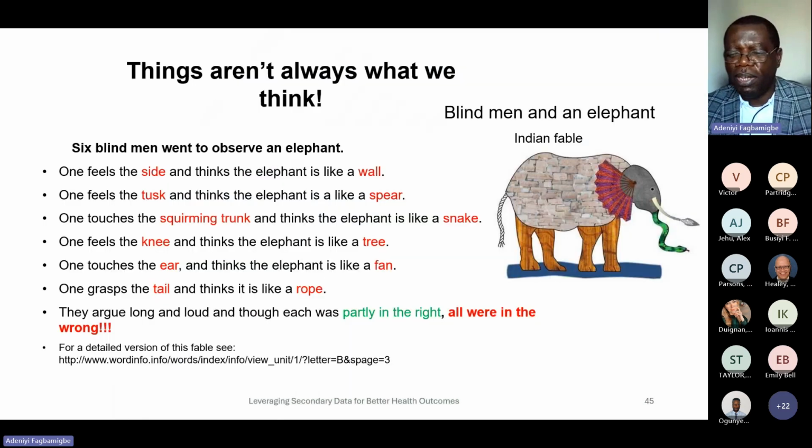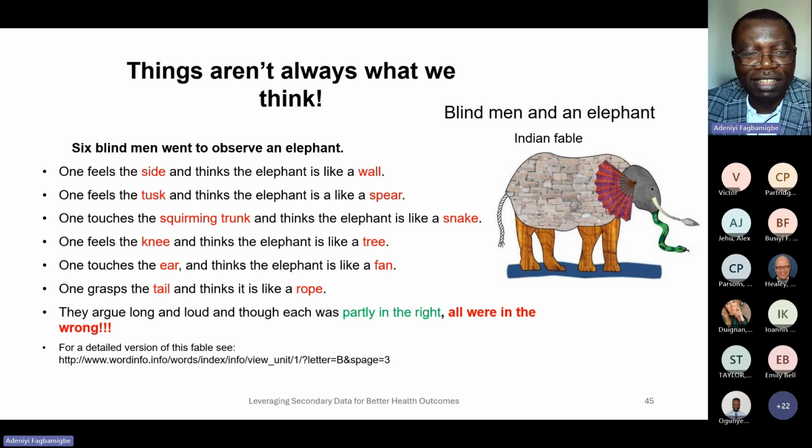So it is getting more interesting. Before we go to the final phase, statistics, because everything boils down to analysis at the end of the day, I put this fable here to show that things are not always what we think. There is a need to dig deeper into our data to see what is actually there. For example, when you look at this fable, it is a big elephant, isn't it?